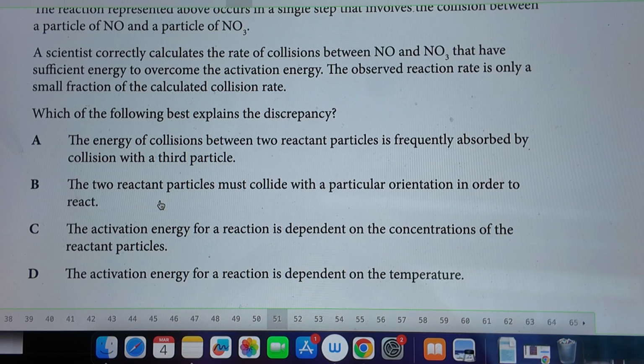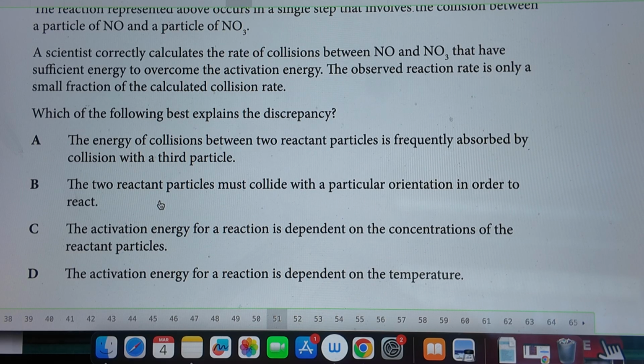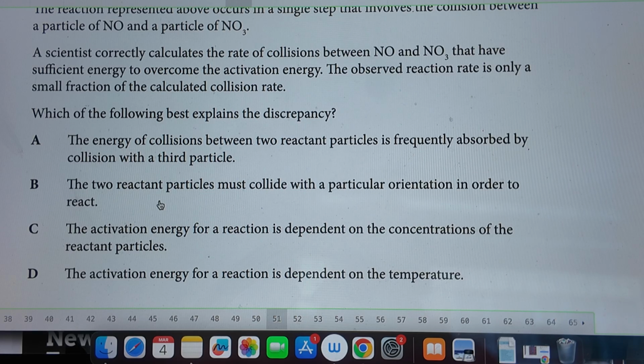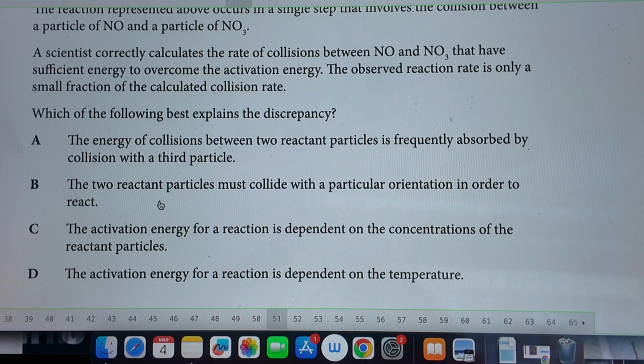Okay, so the scientist says that the rate of collisions between NO and NO3 have sufficient energy to overcome the activation energy. The observed reaction rate is only a small fraction. Yeah, because they're going to bump into each other a bunch, but that doesn't mean that they're in the correct orientation, right? Molecules need to be facing the right way.